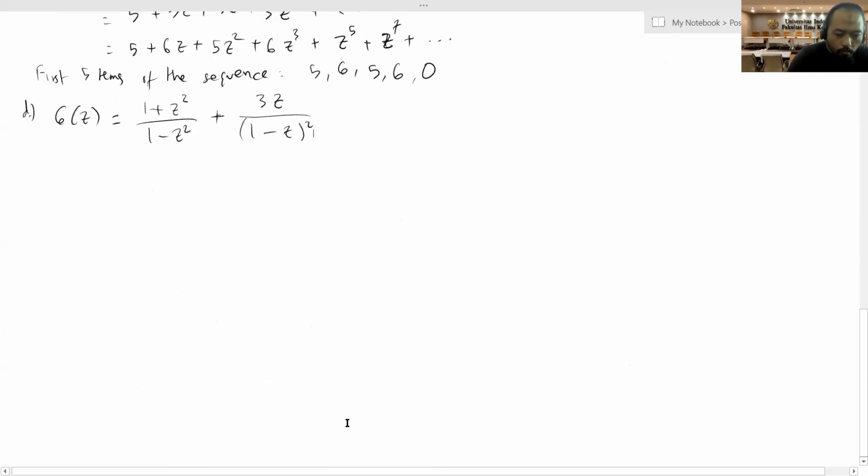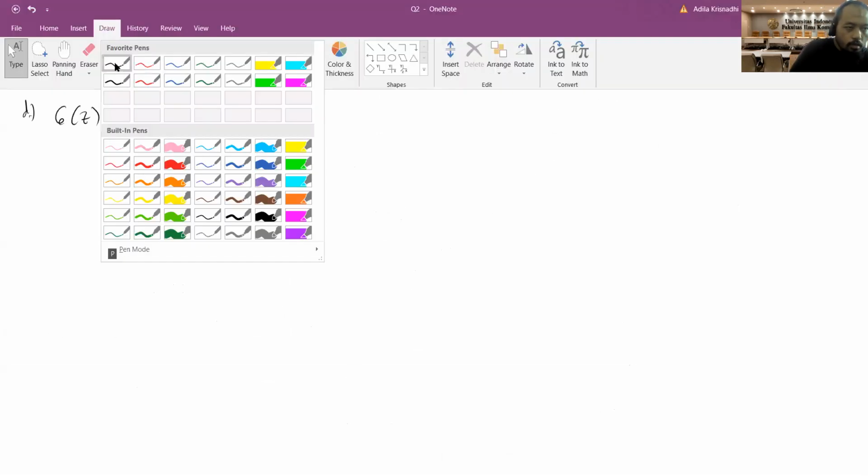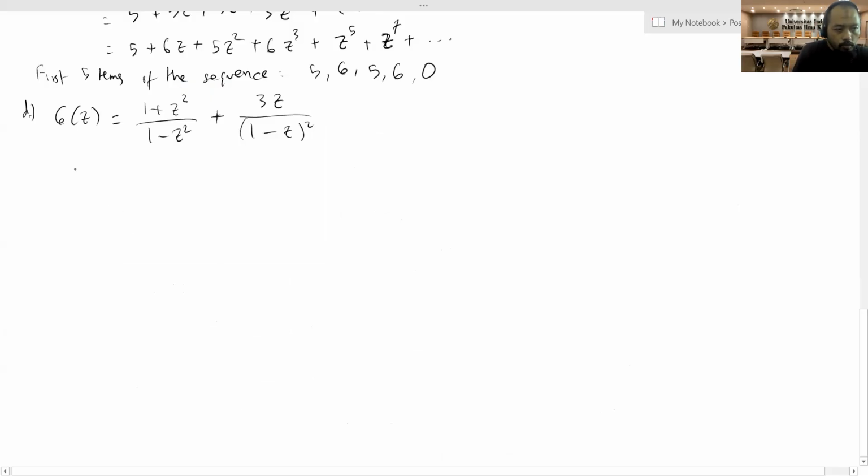Here, what we could do is we transform into infinite sum. So this is equal to 1 plus z squared times sum of k from 0 to infinity z to the power of 2k plus 3z times sum of k from 0 to infinity k plus 1 z to the power of k.